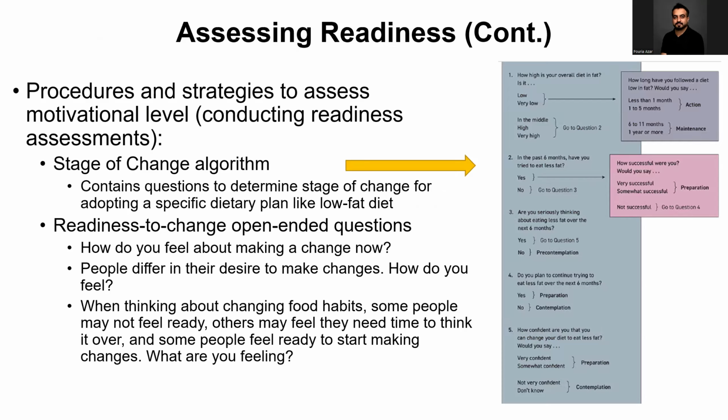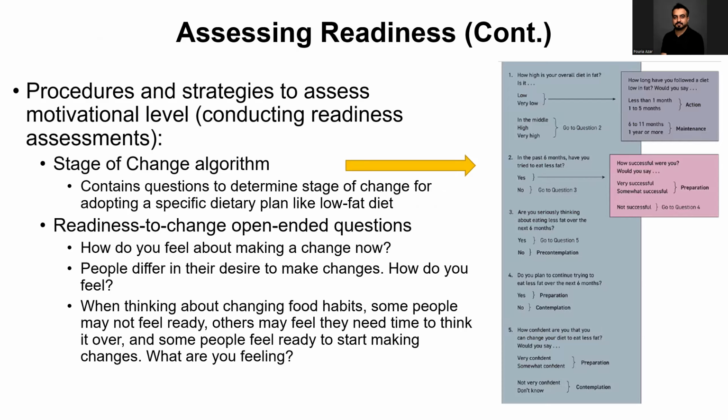For example, a low-fat diet. Let's say our client needs to adopt a low-fat diet, for instance, and we want to assess the readiness of clients to implement a low-fat diet in their daily life.